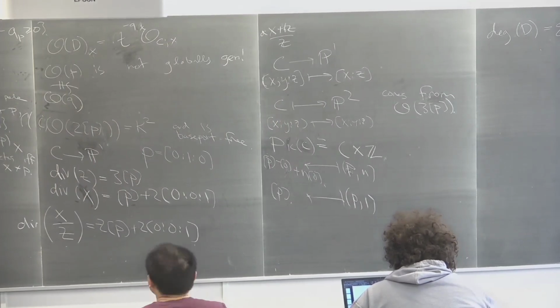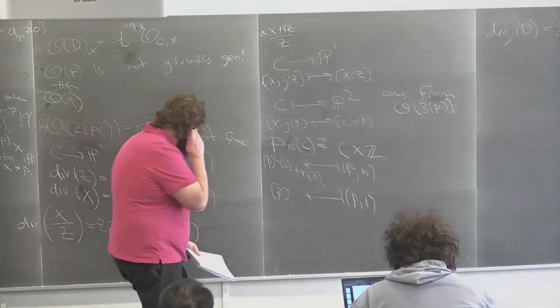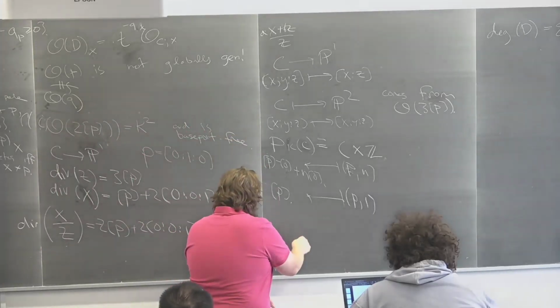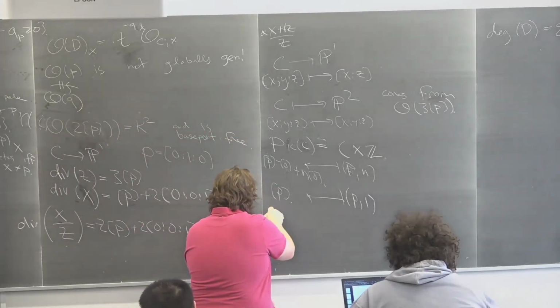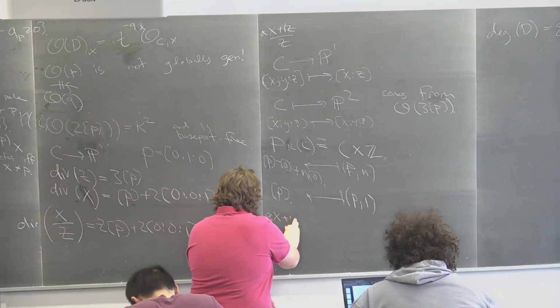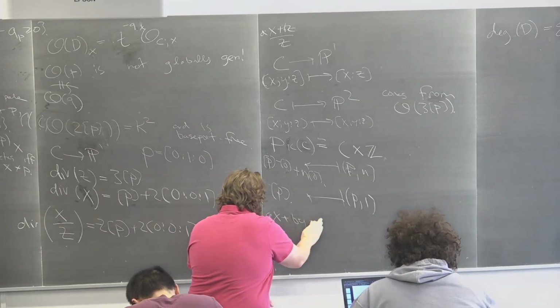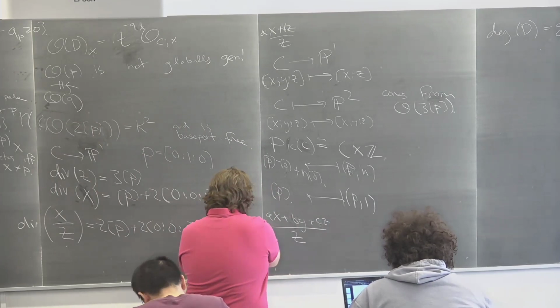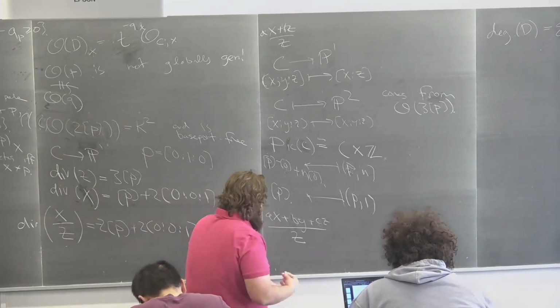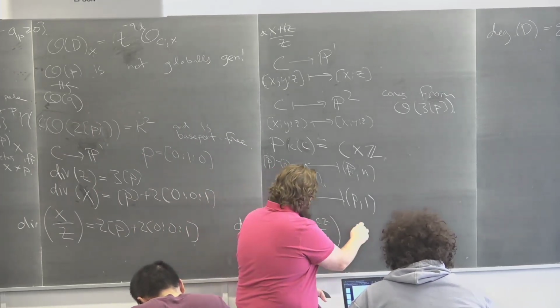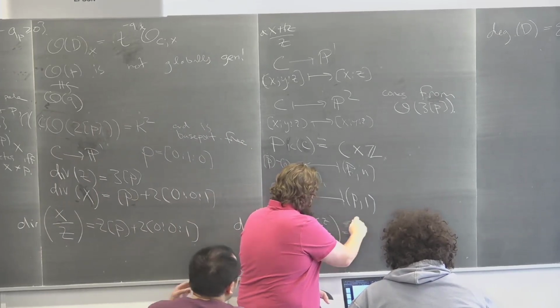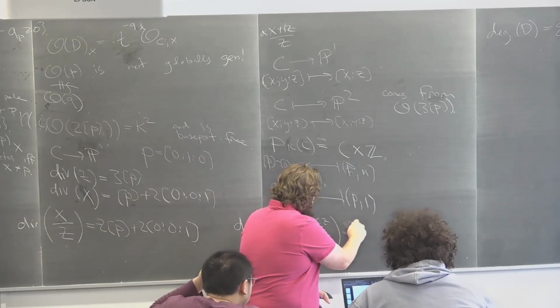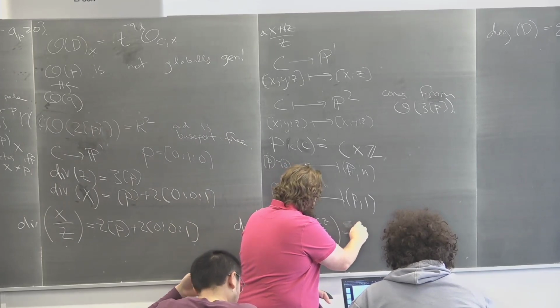All right, and then where do I get the addition law on the elliptic curve? If I look at some linear function, ax plus by plus cz, divided by z, that's a rational function, and its divisor is the sum of the intersection points.